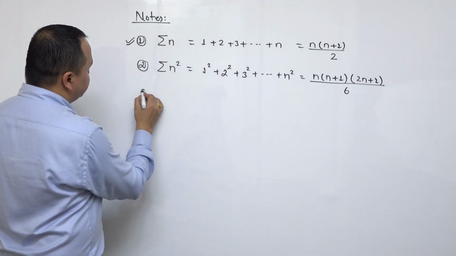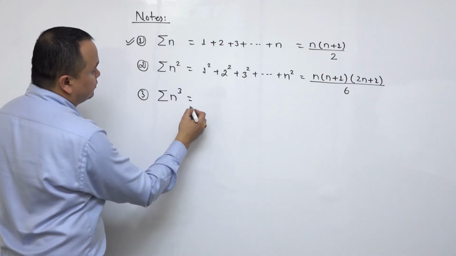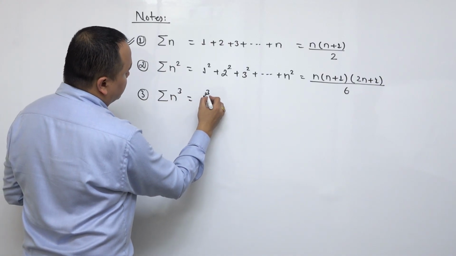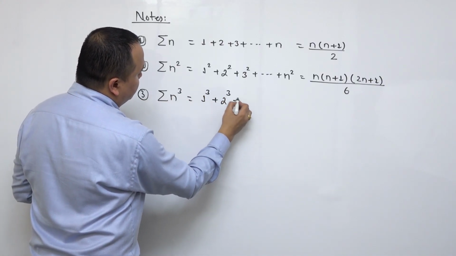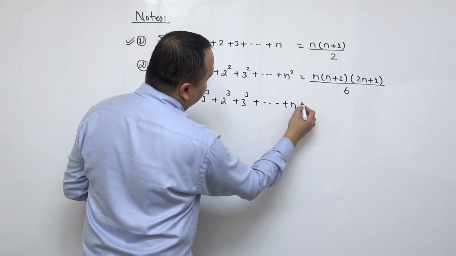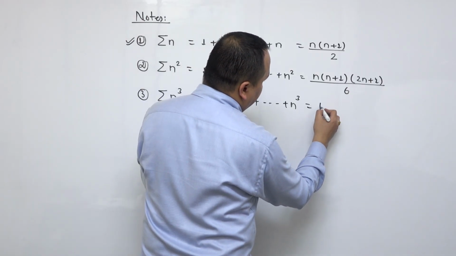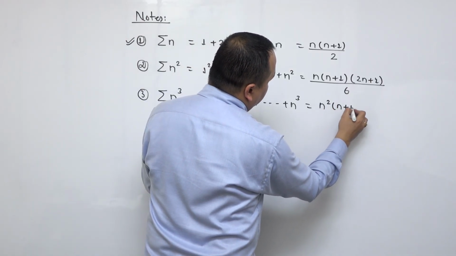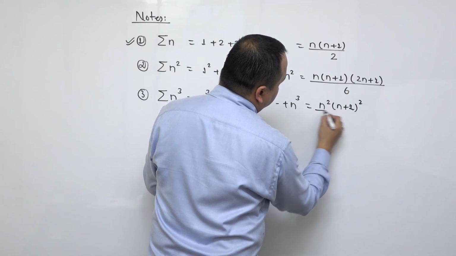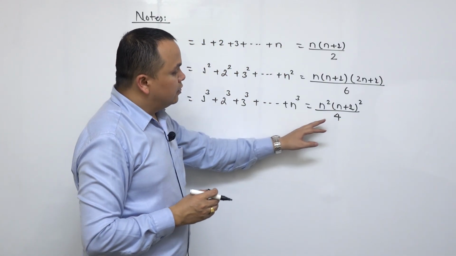Similarly, summation n cube is 1 cube, 2 cube, 3 cube plus up to n cube. This is n square times n plus 1 whole square divided by 4. Very simple.